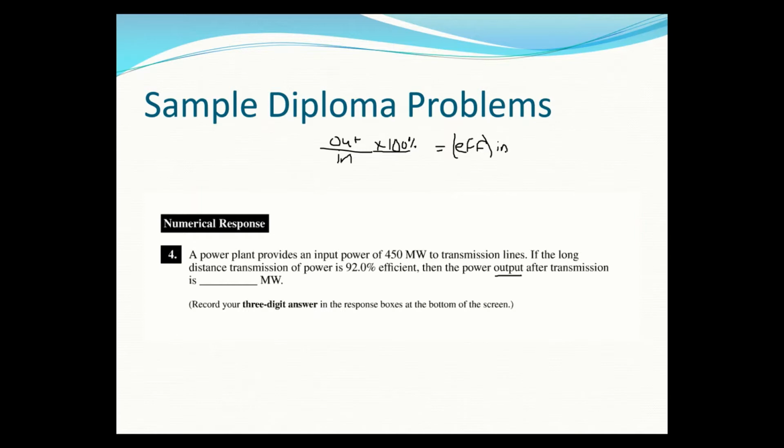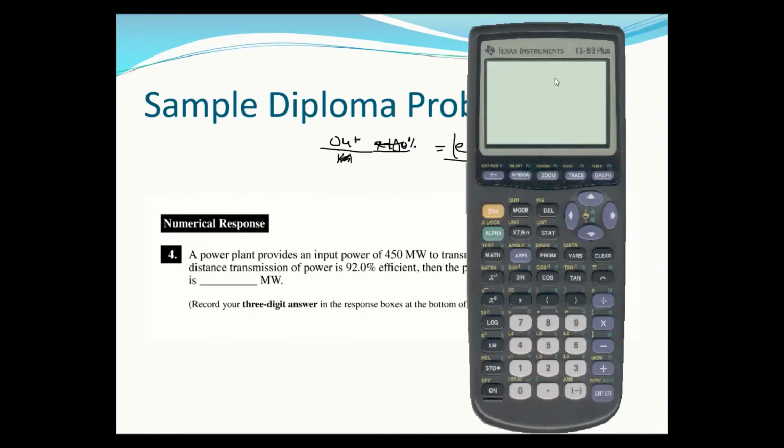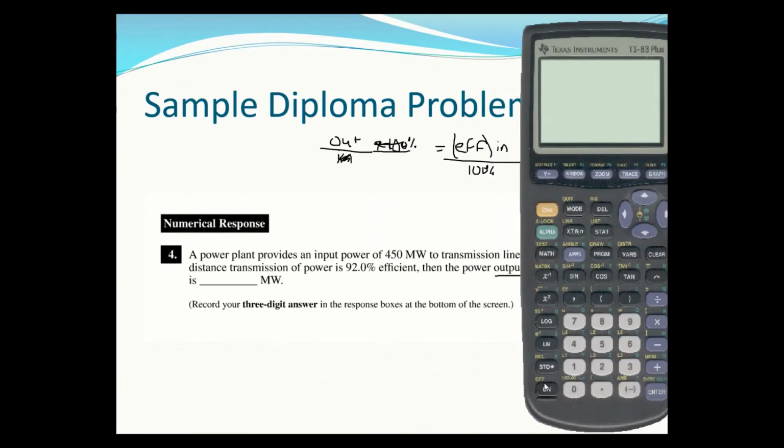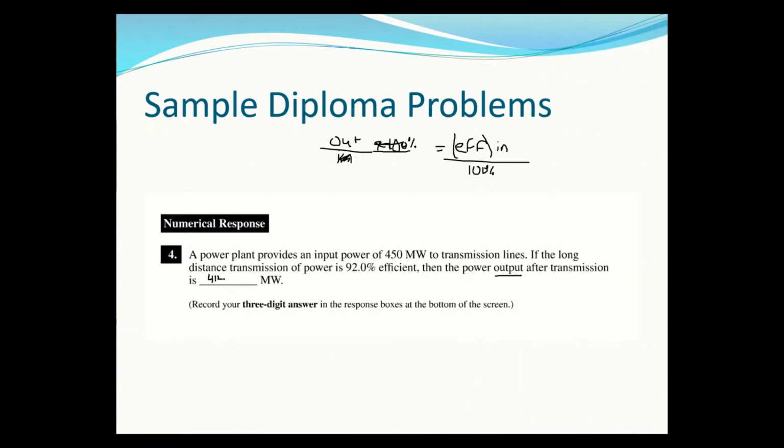So we move the input up top, and then we move the 100% down below, and we can plug all that into our calculator. So our efficiency is 92%, our input is 450, and then we divide it by 100. So it's going to be 414 as our answer.